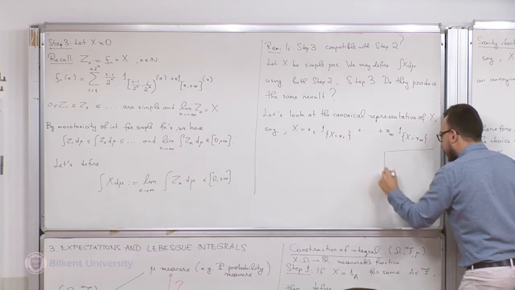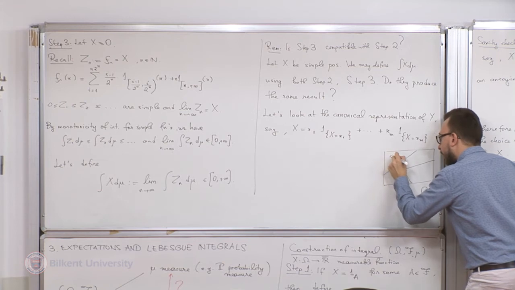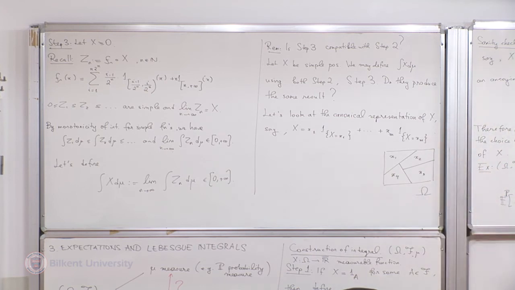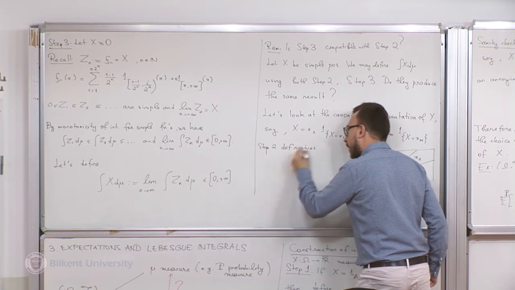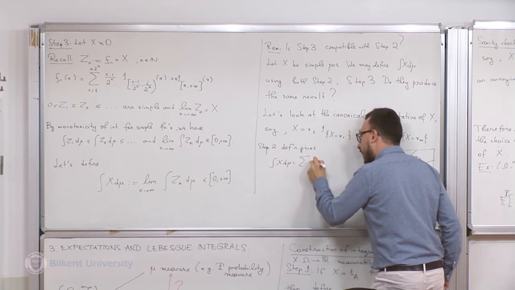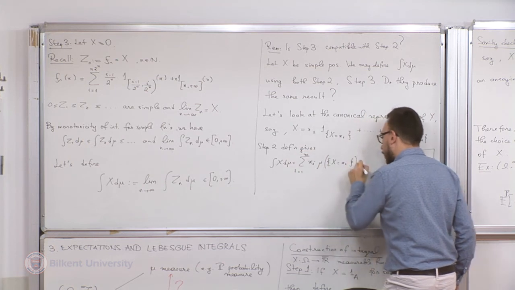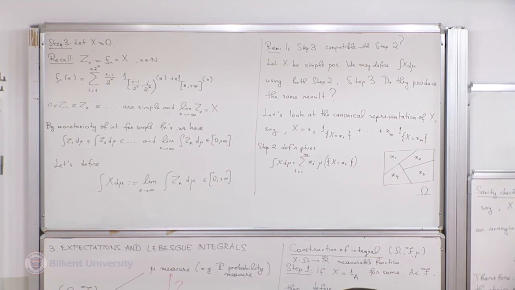So we have some regions in omega where it takes distinct values, x1, x2, x3, x4. They partition omega, those events, x equals x1, x equals x2, etc. Step 2 definition gives the integral of x d mu is equal to the sum of xi times mu of x equals xi. Just apply the definition, and we didn't check, but we said it is free of the choice of the representation, so we can use the canonical representation. That's what step 2 gives us.